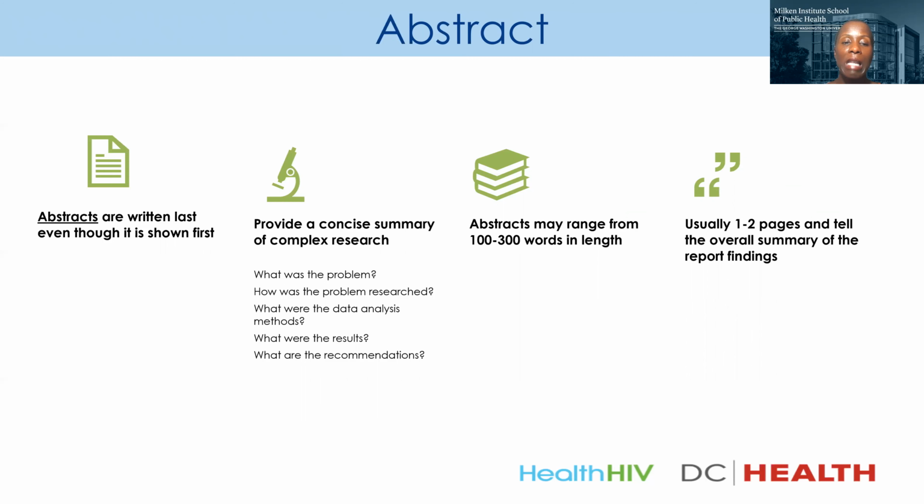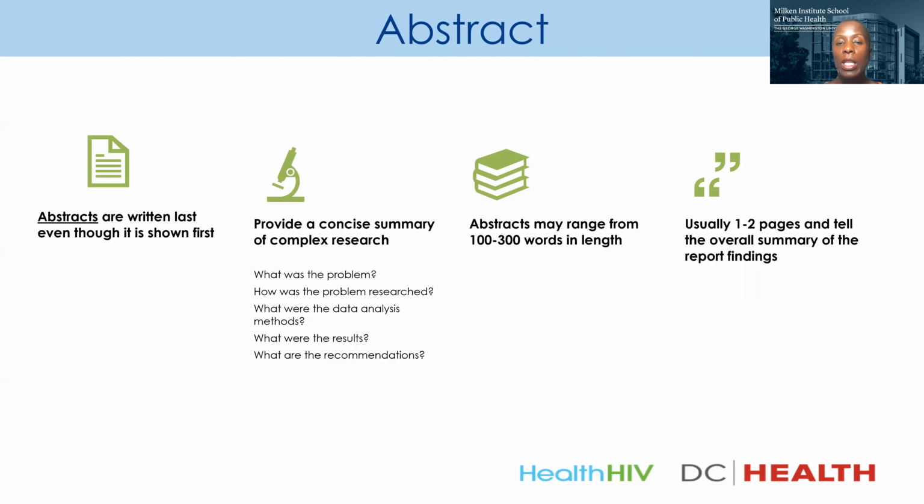It provides a concise summary of the complex research. So what was the problem? What was the problem researched? What were the data analysis methods? What were the results? And what are the recommendations? In some, you'll find lessons learned as well.